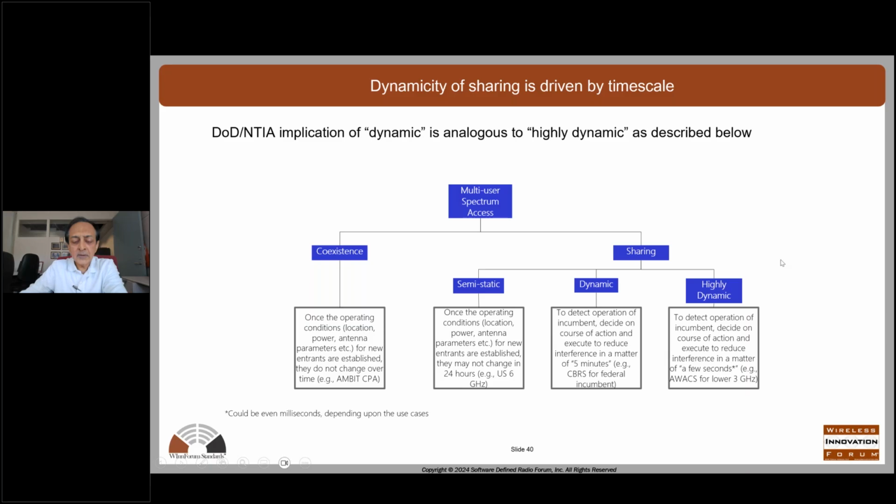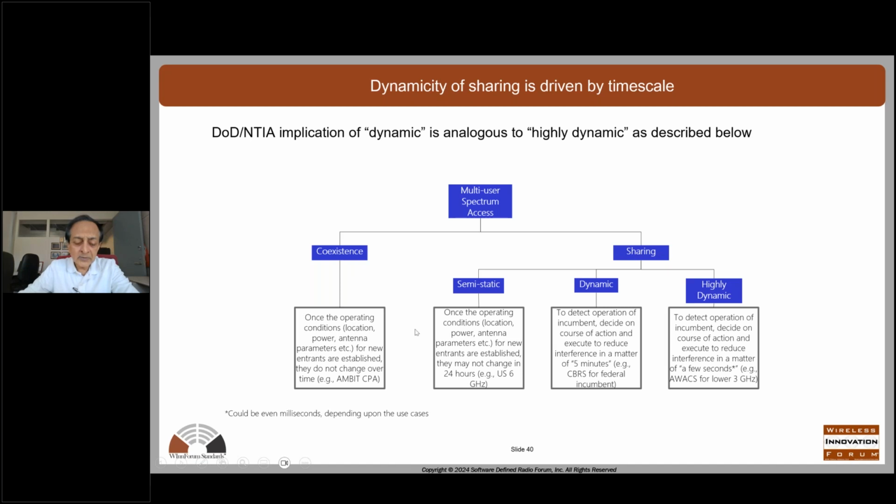So this is a bird's eye view of what we discussed before, but hopefully it will give things in an overall high-level perspective. We talked about multi-user spectrum access. On one hand, we talked about coexistence, and then we talked about sharing.